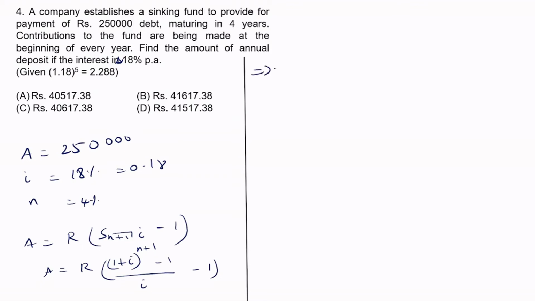So this implies 2,50,000 is equal to R into 1 plus I, which is 0.18, the whole raised to N plus 1. Here N is 4 years.